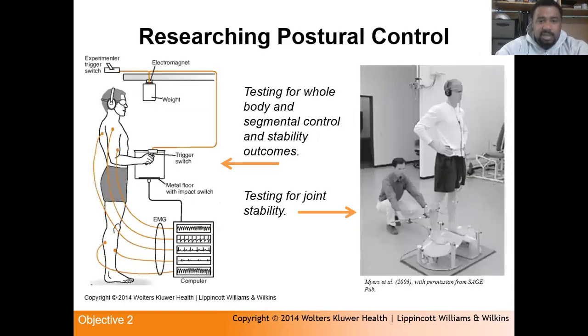Researching posture control. There's a lot of research involved, and like I said, everybody's body reacts somewhat differently, but in most cases your body can be tested, and some people react better than others.